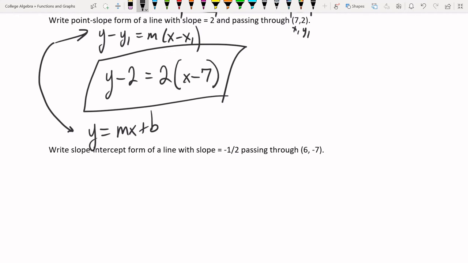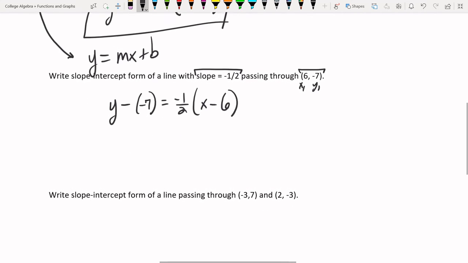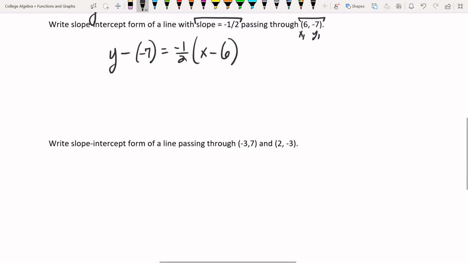Let's first use the point slope formula. We have the slope and we have the point. So we have x1, y1. We have y minus y1 equals m times x minus x1. Now all we have to do is solve for y, and we will have the slope-intercept form.